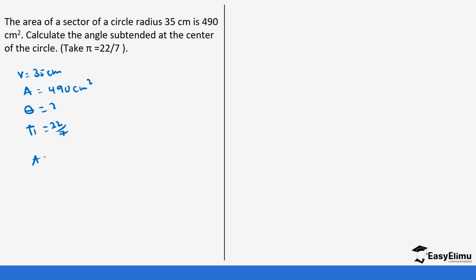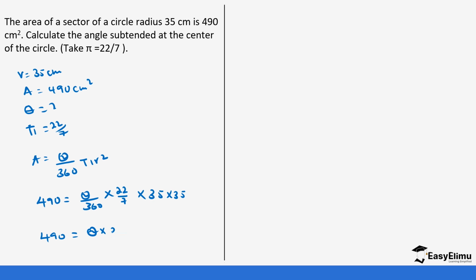So the area is the angle over 360 times pi r squared. The area in this case is 490 is equal to the angle over 360 times 22/7 times 35 times 35. This is the same as 490 is equal to the angle times 22 times 35 times 35 divided by 360 times 7.